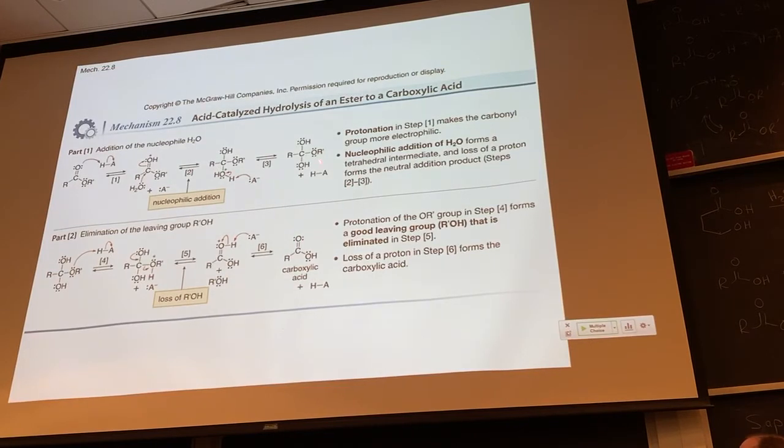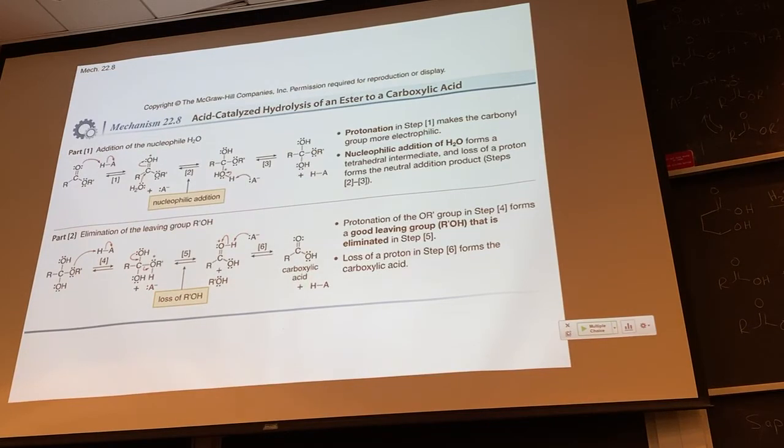So we have this tetrahedral intermediate, but we have a nitrogen here instead of an oxygen. And when we protonate that tetrahedral intermediate, the nitrogen is going to be more basic than either of the oxygens. So it makes sense that we're going to protonate the nitrogen. Okay, so we would have this species, and we would have a nitrogen here instead of an oxygen. So then we would eliminate out an amine. So far, everything's the same, except we just have a nitrogen instead of an oxygen.